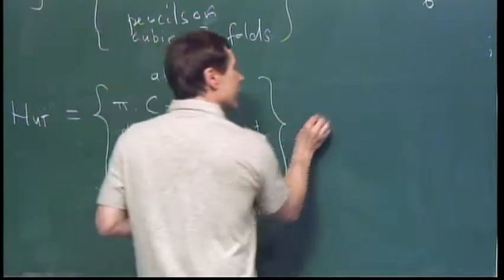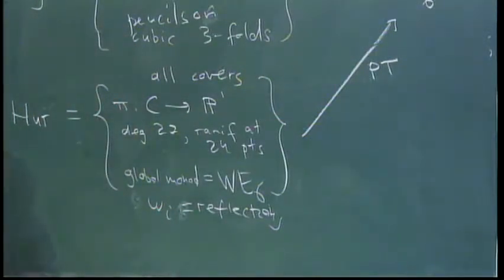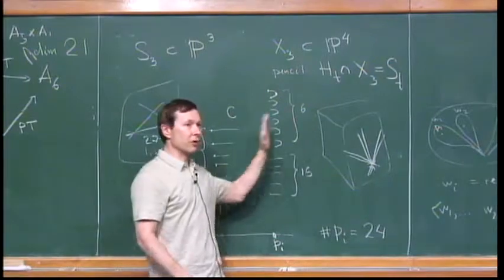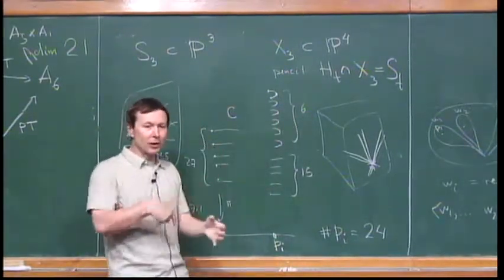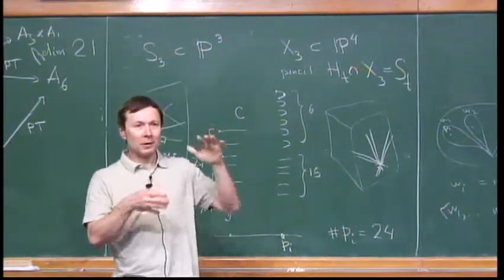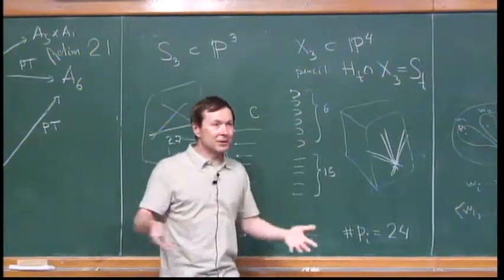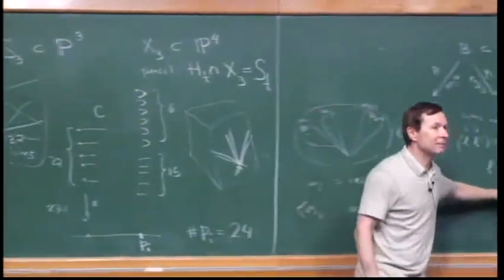And you still have this Prym-Tyurin map defined the same way, because you still have this correspondence. If you vary this cover a little bit, in a local neighborhood you can still distinguish these fibers as lines. So this is still well defined.